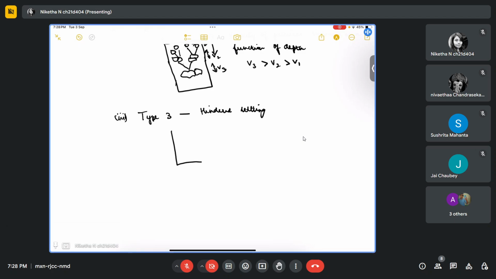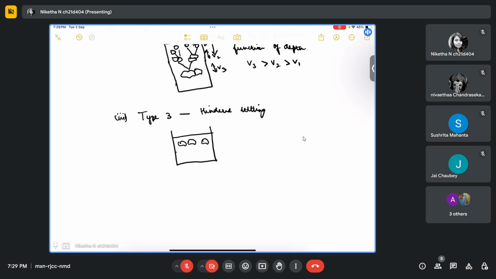So here what happens is, because of the presence of other particles, they will not be allowed to settle down.